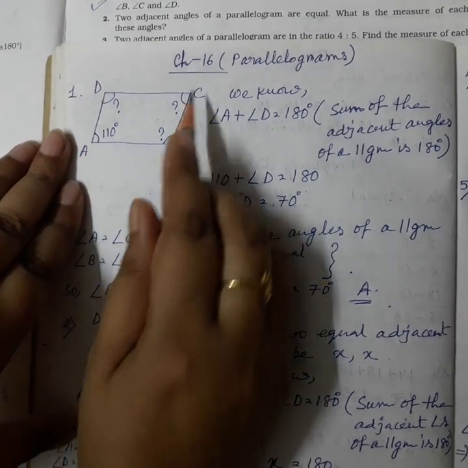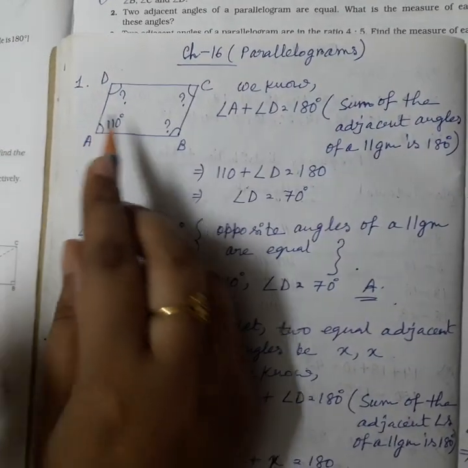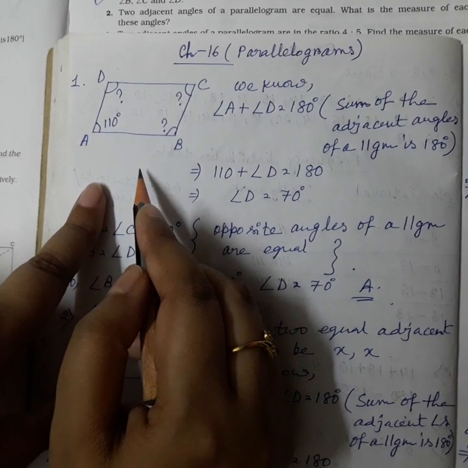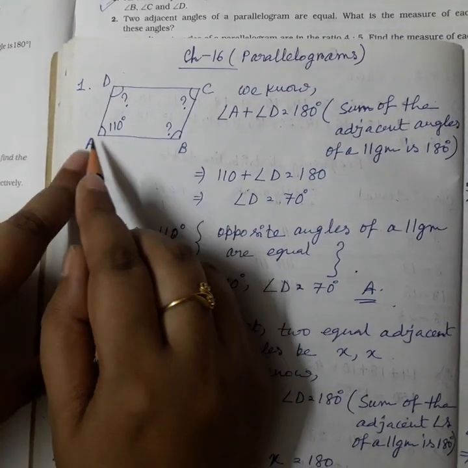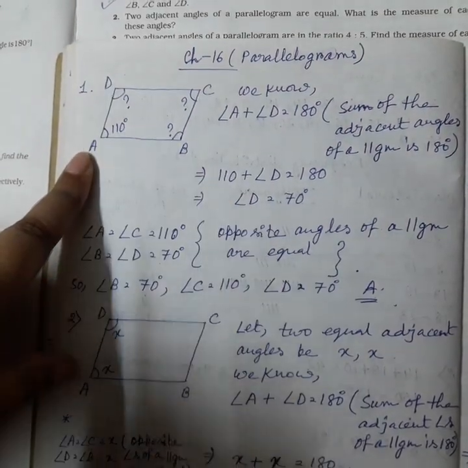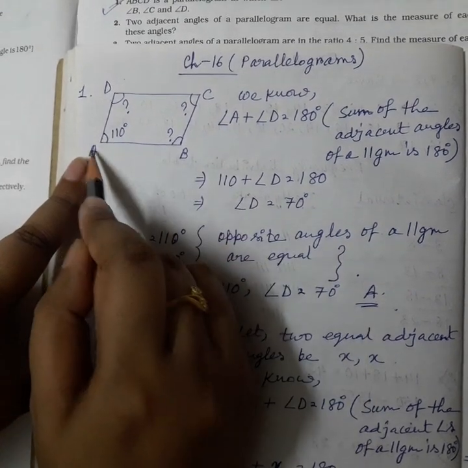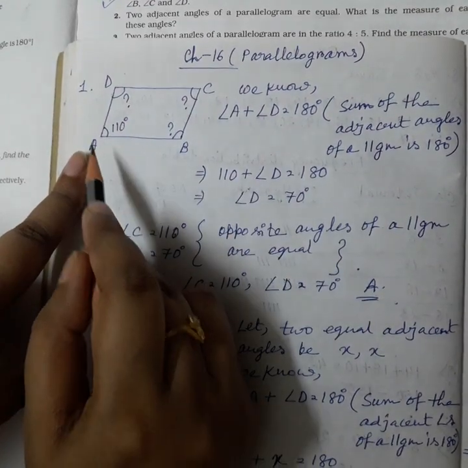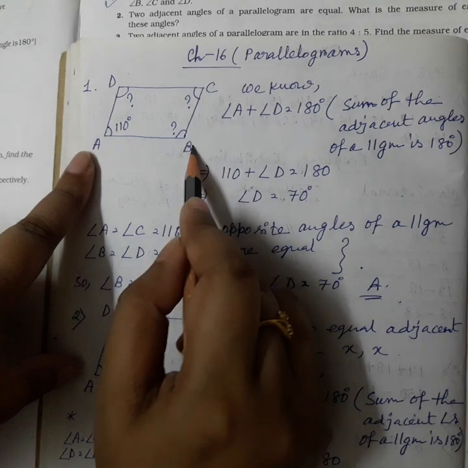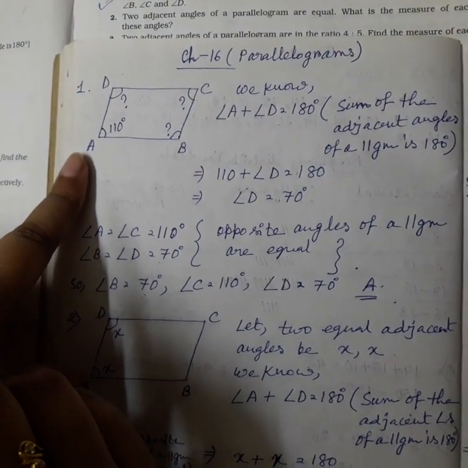Clockwise or anti-clockwise you will take the names, not in any other way. I have taken anti-clockwise, A, B, C, D, in that way you have to take.